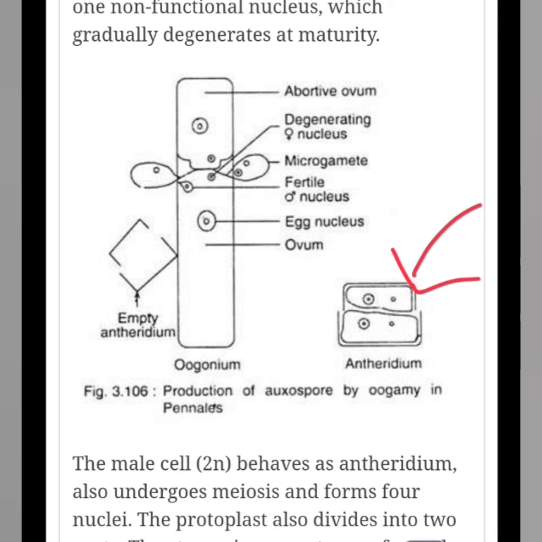Each of these gametes contains two nuclei, of which one is functional and the other, the smaller one, is non-functional. The bigger one is functional.